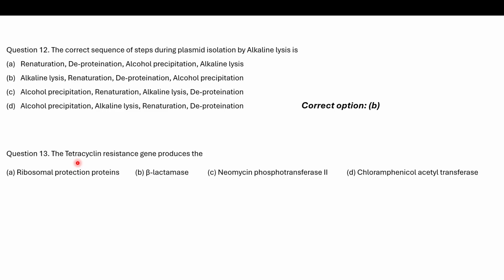Now, we were talking about different kinds of antibiotic resistance. So the tetracycline resistance gene produces which kind of molecule, whether it's a metabolite or protein?